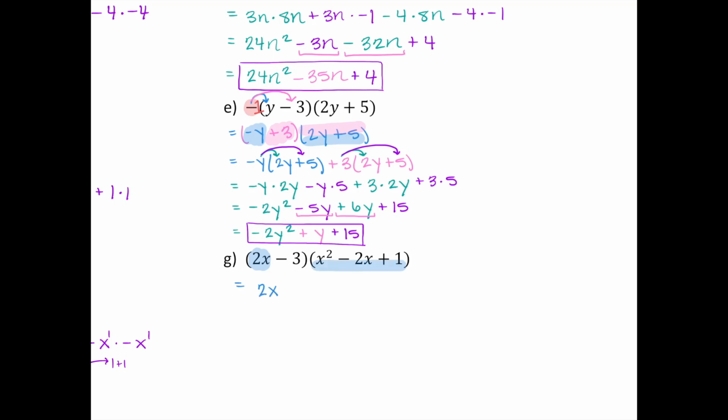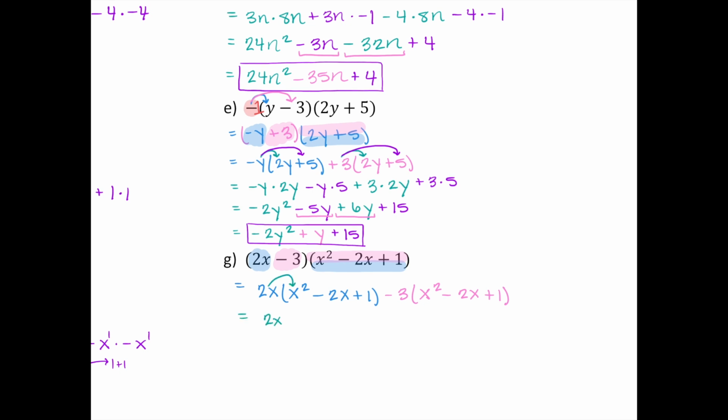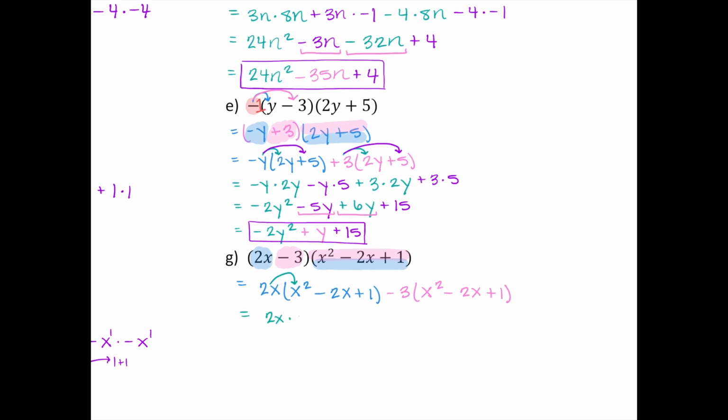So 2x has to be multiplied by the x squared minus 2x plus 1. And then this negative 3 also has to be multiplied by everything in that second set of parentheses. So the negative 3 has to be multiplied by the x squared minus 2x plus 1. And now it becomes very similar to what we've already been doing. This 2x has to be multiplied to the x squared. And then this 2x has to be multiplied to the negative 2x.